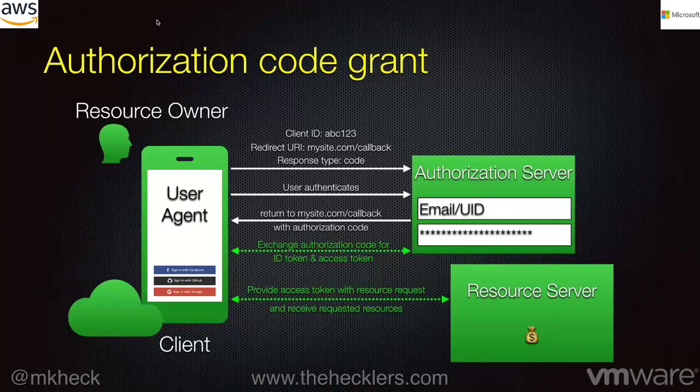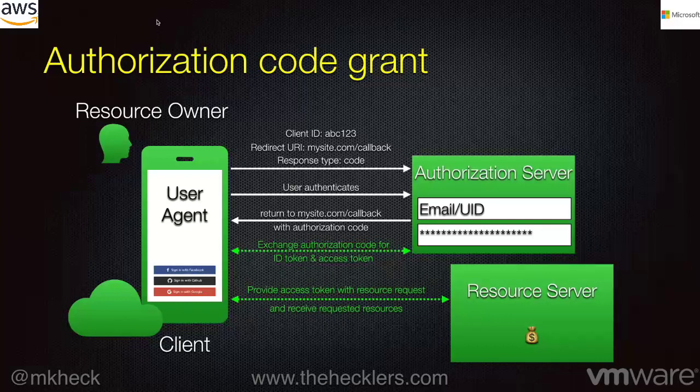Within the OAuth 2 specification, the Internet Engineering Task Force, the IETF spec, we have different grants. So things like the resource owner password, which is the old school user ID and password, right? That's not used as much anymore, as you might imagine, but it still serves its purpose in very limited use cases. We have the client credentials grant, which is used for cron jobs and service-to-service communication and authorization.